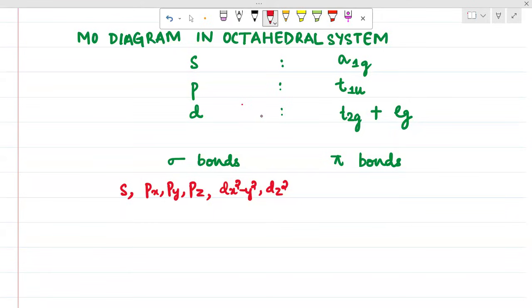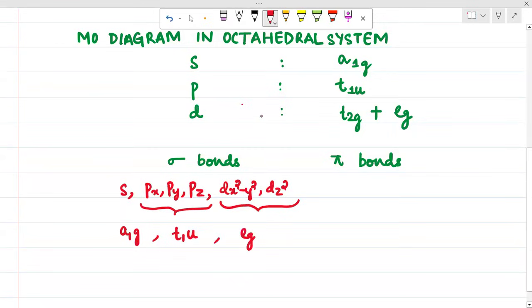For S, it is A1G. For P, it is T1U. And dx square minus y square, dz square corresponds to the EG orbital. So these three symmetries correspond to the sigma bond formation in MO theory of octahedral complexes.